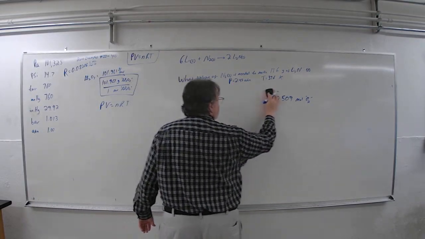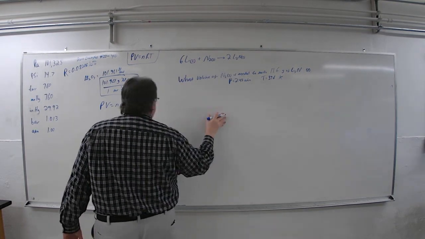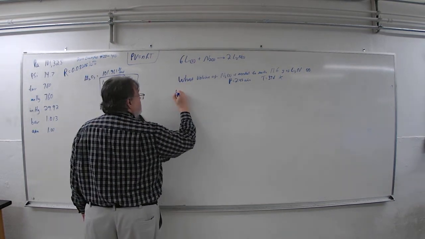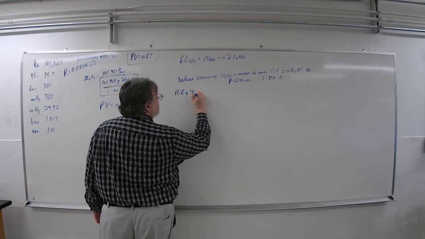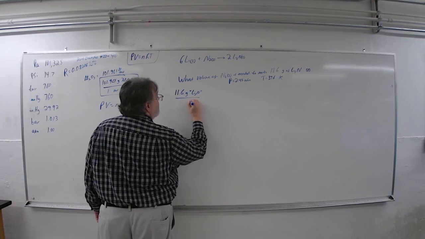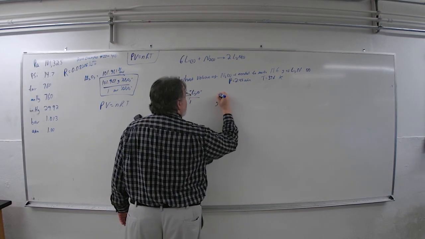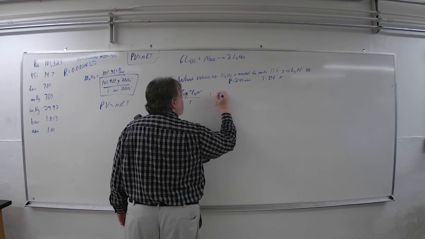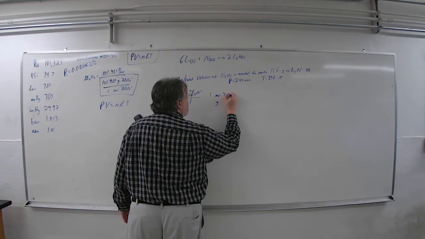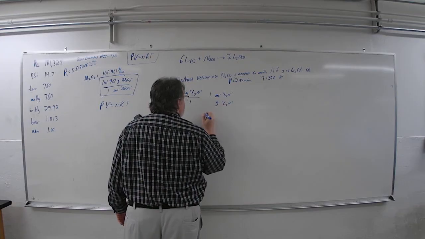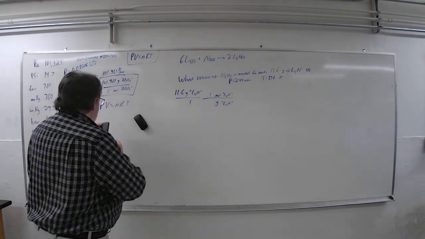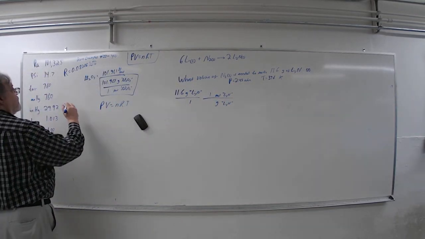Should I preserve all this? I'll just erase it. I'll get confused trying to do that. So same as we did before, we're starting with the grams. 11.6 grams of Li3N. We need the grams per mole for Li3N.